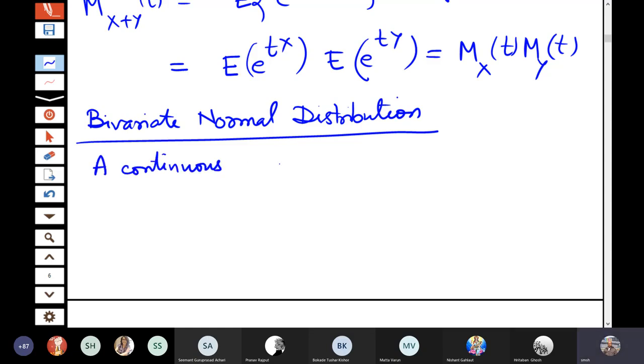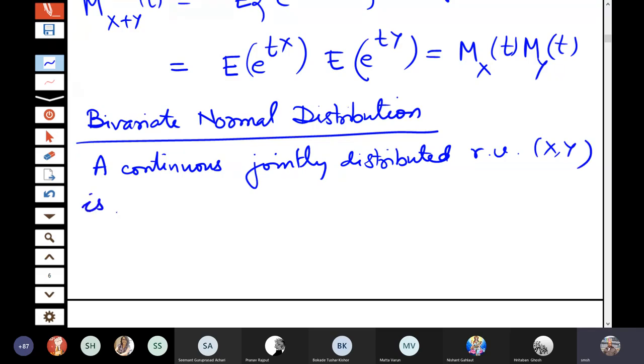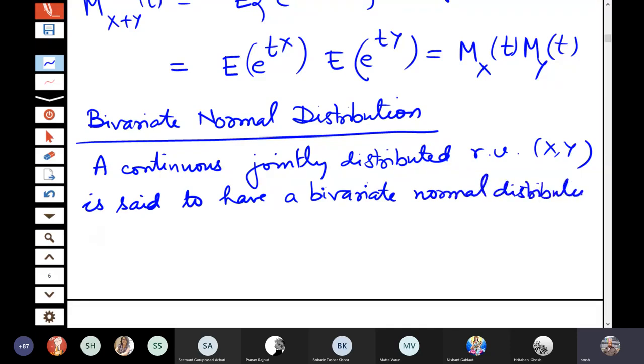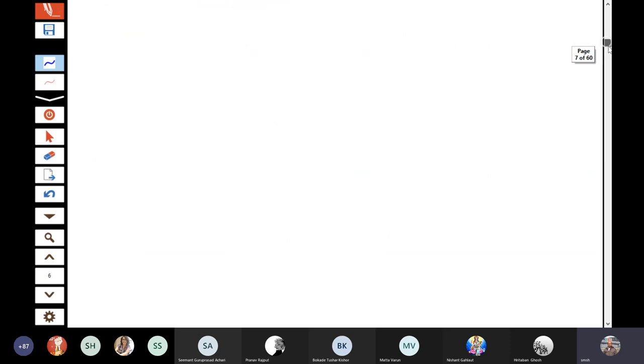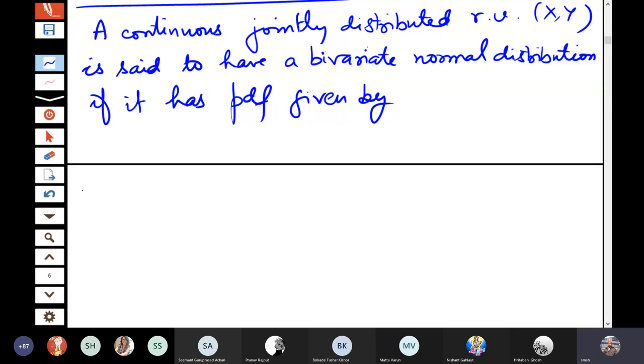A continuous jointly distributed random vector (X, Y) is said to have a bivariate normal distribution if it has PDF given by 1 by 2 pi sigma 1 sigma 2.